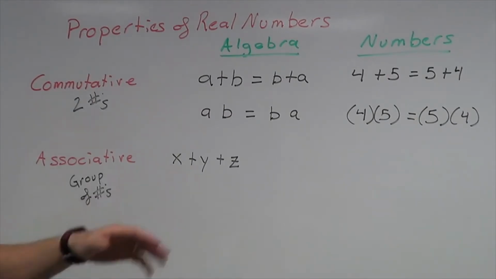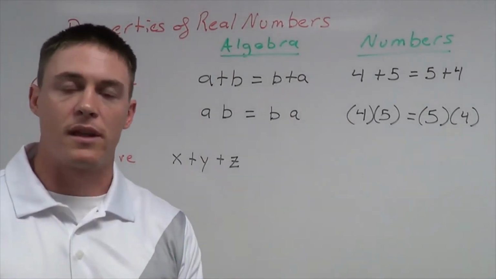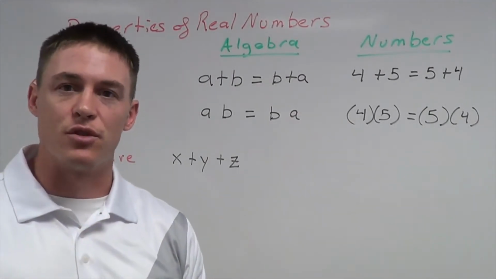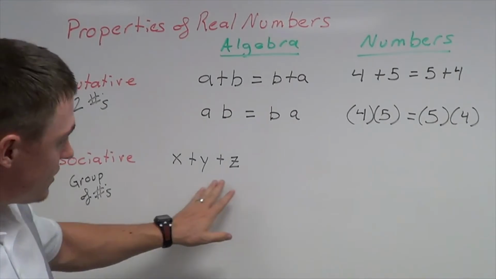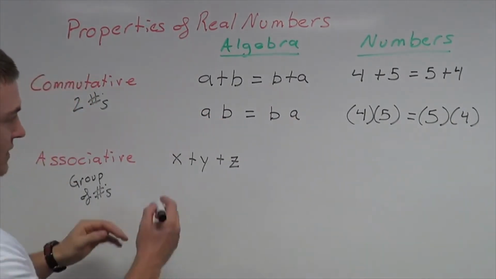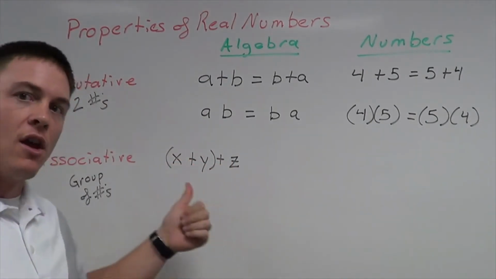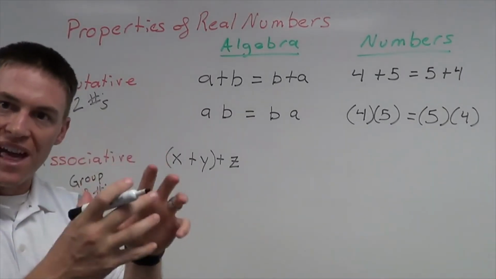If you remember your order of operations, PEMDAS: parentheses, exponents, multiplication, division, addition, subtraction. Whenever you have addition, I'm supposed to add from left to right. So I'm going to take X and Y and add those together first. I'm using parentheses here to denote do that first.